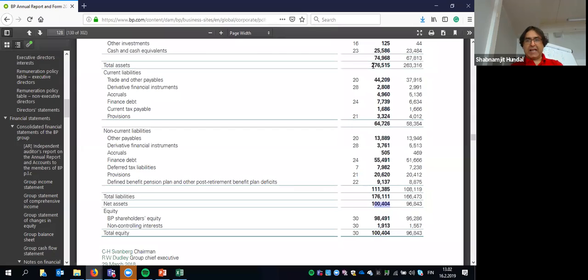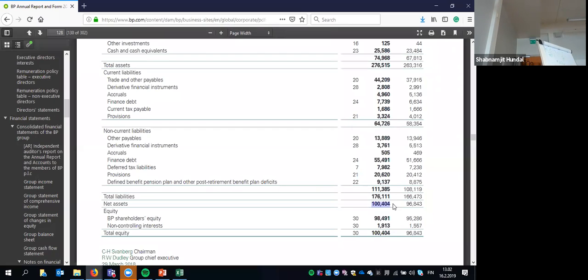The company's total assets are this 276 something. And when I subtract total liabilities, then I have the net assets. And net assets are called the book value of company's equity. Okay. And when I have this one, 100,404.